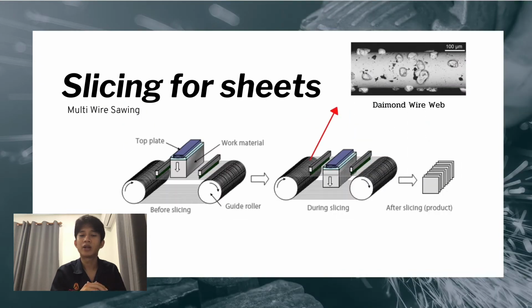After we get the octagonal or rectangular silicon, we will slice it into sheets by using a multi-wire saw machine. In detail, we use guide rollers to move the diamond wire webs to slice the silicon. Finally, we will get the silicon wafers as sheets.